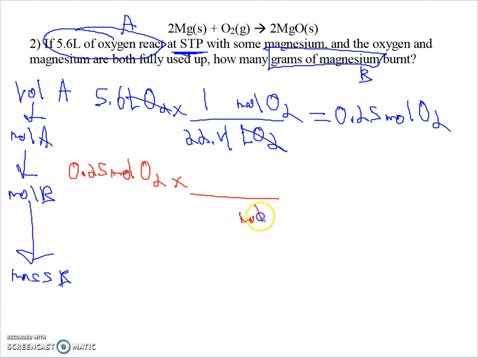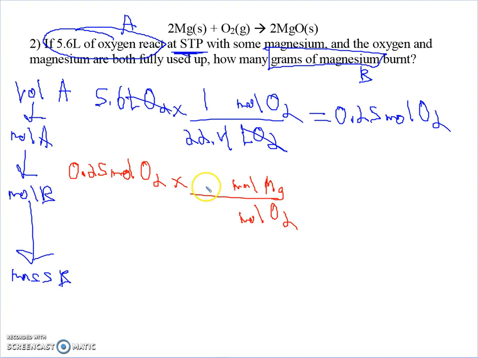Alright, so we put moles of O2 on the bottom. Why do I put moles of O2 on the bottom? Oh yeah, to cancel it out, because that's what I'm coming from. And then I put moles of B. What was B? Magnesium. So I put moles of magnesium on the top.